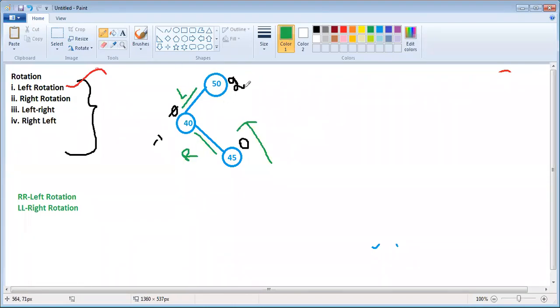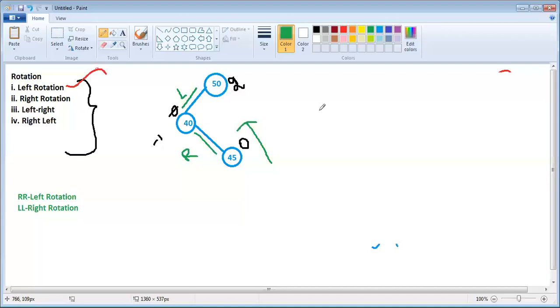This is the node where my balancing factor is getting violated. I'm checking down: left, and then this is right. So from the bottom, I have to do the rotation. At the bottom, if it is right, I have to do left rotation. After that, in this place, I have to check the right rotation.